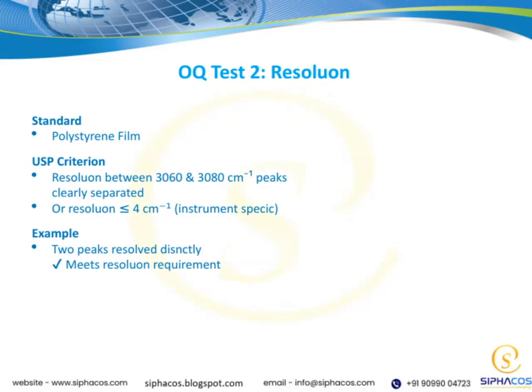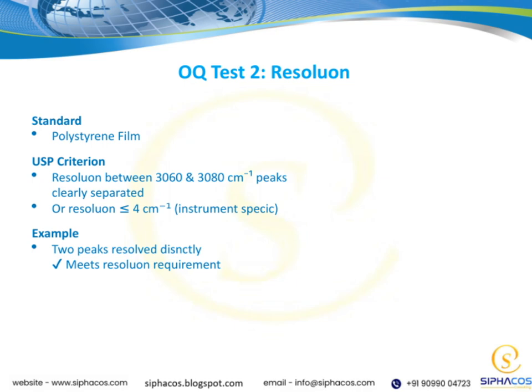Now, let's take a look at the resolution criteria for the OQ Test 2, which focuses on the standard polystyrene film. The key point here is that we need to ensure that the resolution between the peaks at 3060 and 3080 cm⁻¹ is clearly separated. This means that these two peaks should be distinguishable from each other without overlapping. Alternatively, if the instrument's specific resolution capability is taken into account, the resolution can be considered acceptable if it's less than or equal to 4 cm⁻¹.